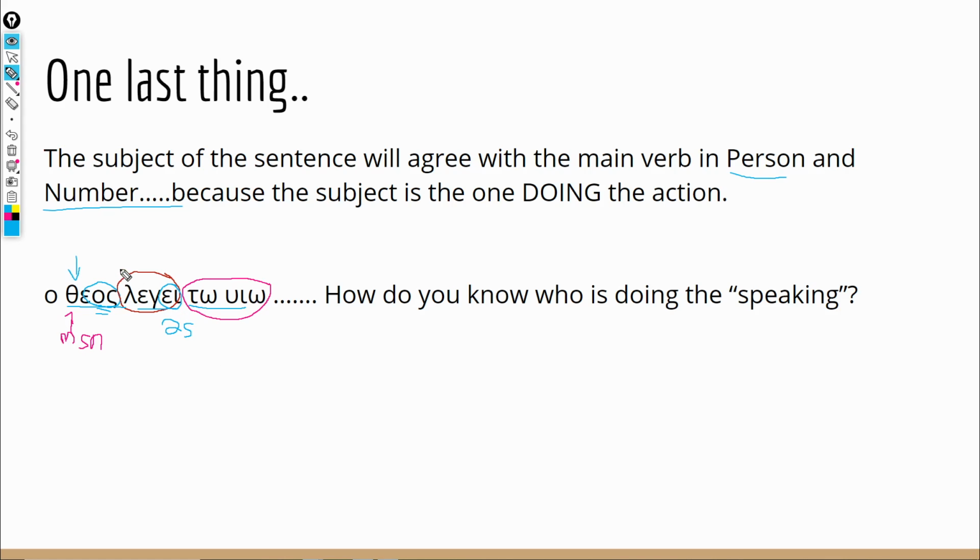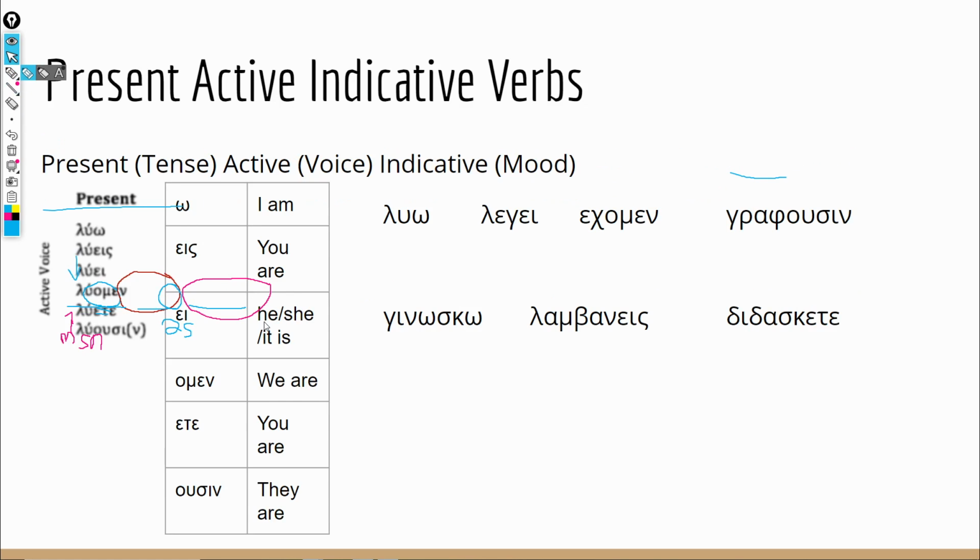The narrator of the sentence is telling us that God is doing something. So remember, he, she, or it. So we're talking about God. Lege matches that. He, she, or it. This is that ending. If you remember, if I scroll back up, right here, lege, right there.